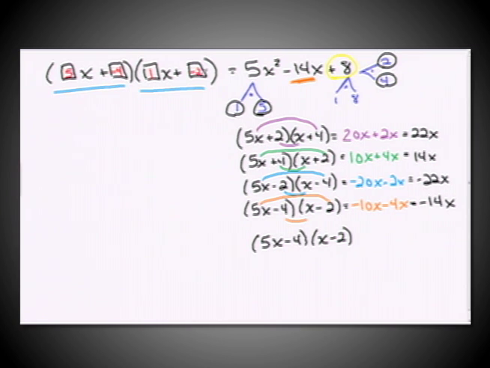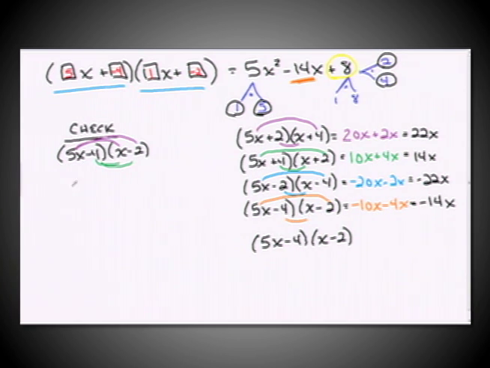So we need to check this to make sure that everything works out as it should by simply multiplying our binomial factors. And we do that with distribution of each term in the first binomial with each term in the second binomial.